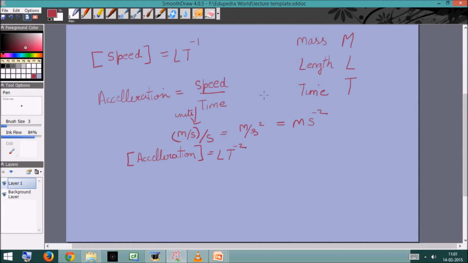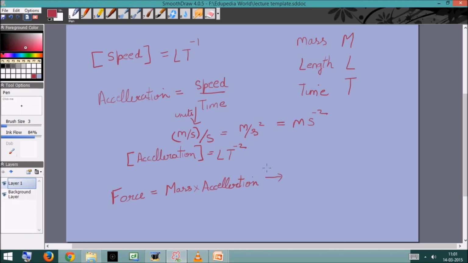So we'll deal with force in great detail in a few chapters. Right now all you need to know is that the definition of force, or the formula of force, is that it is mass multiplied by acceleration. This is Newton's famous second law. Force is mass times acceleration.